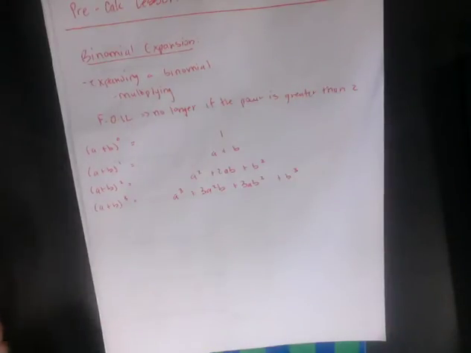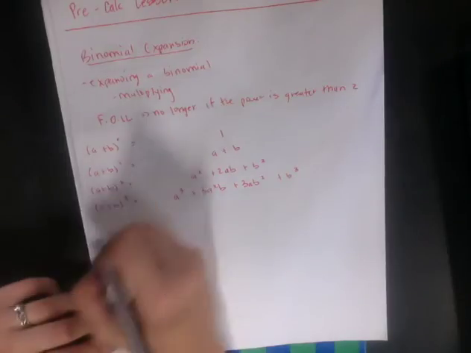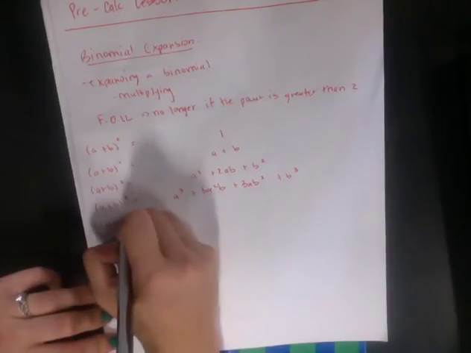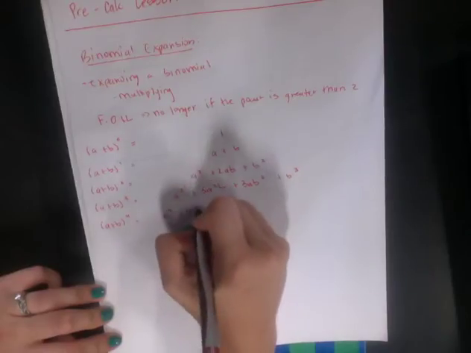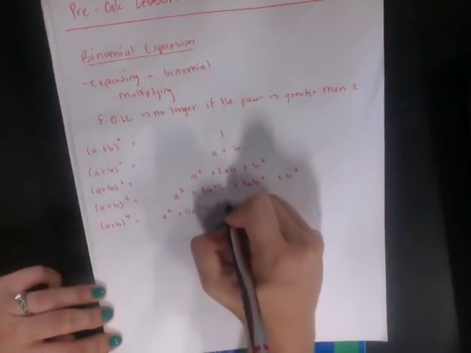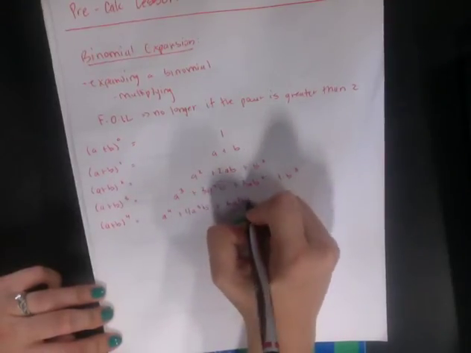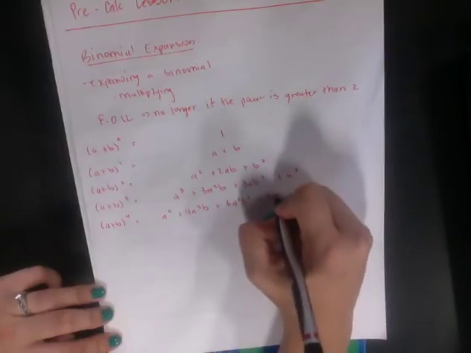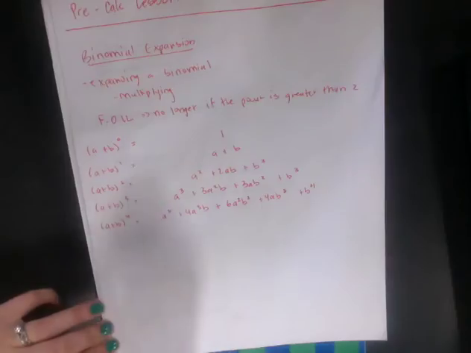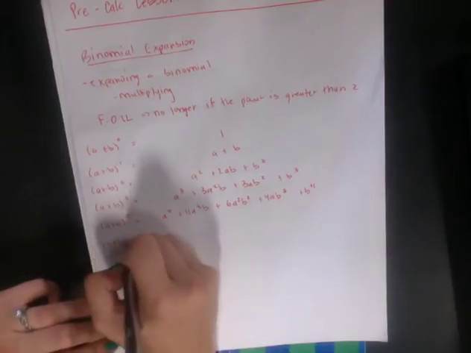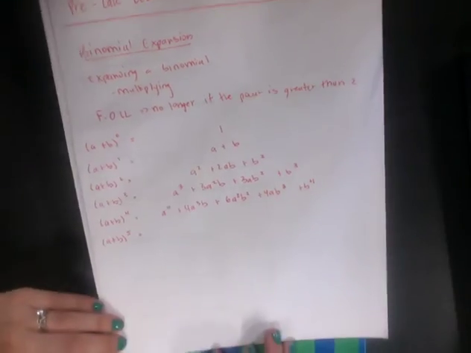Are we noticing a pattern? Let's keep going. A plus b to the 4th, we have a to the 4th plus 4a cubed b plus 6a squared b squared plus 4ab cubed plus b to the 4th. One more, a plus b to the 5.